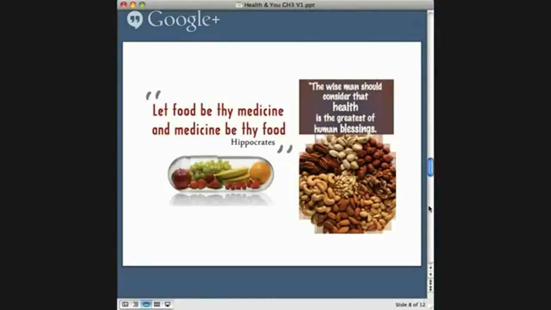But if these fruits and vegetables and nuts already include in them pesticides and chemicals and things that are going to cause free radicals, we're actually doing ourselves just as much harm by consuming them as we are by not consuming them. Well, not quite. We get just a little bit more benefit by consuming them, but not enough.